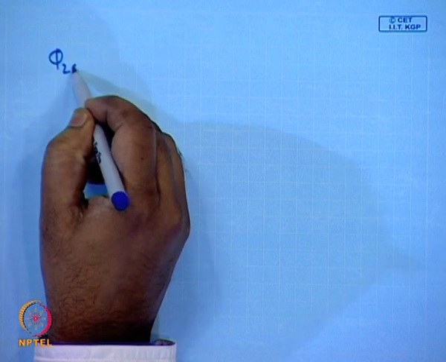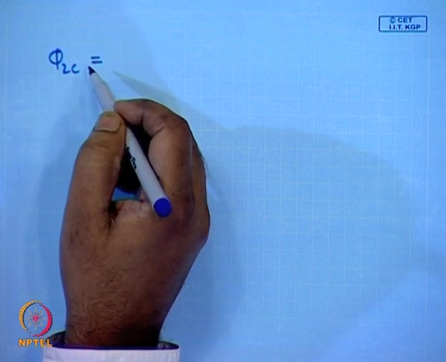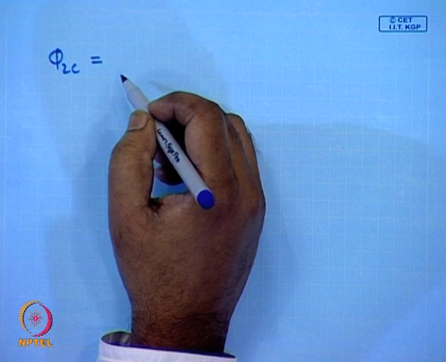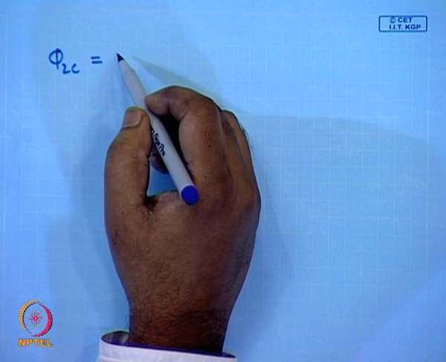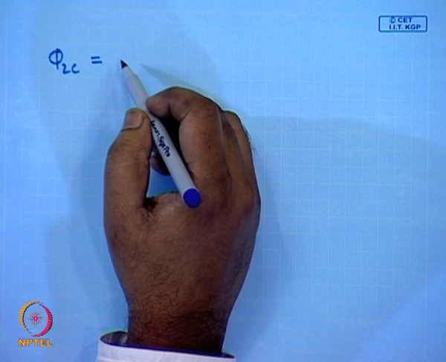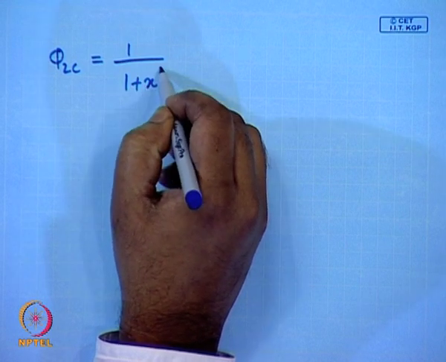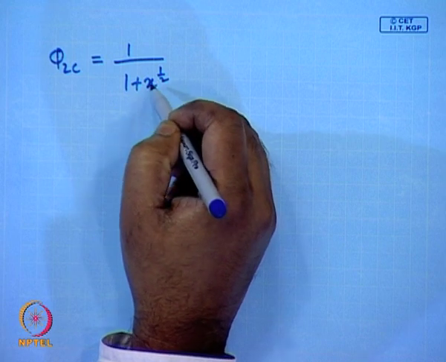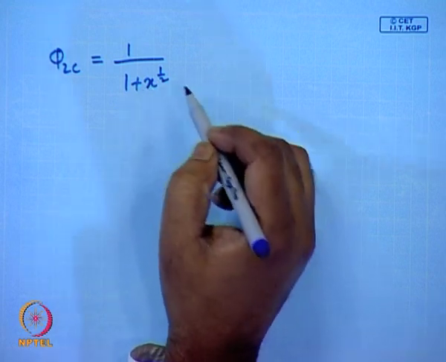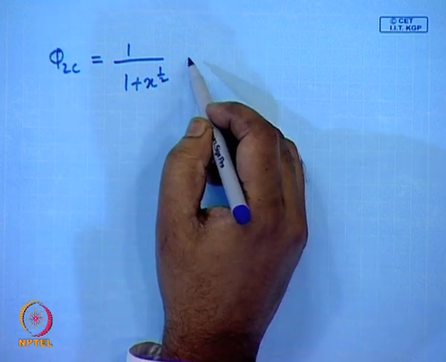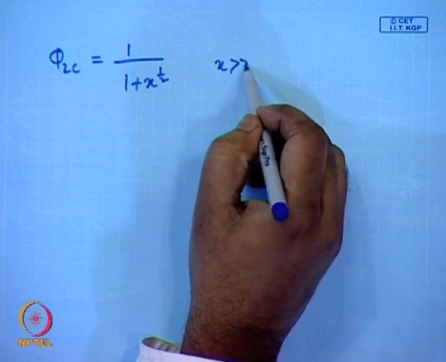So, let me write it again. The critical composition at which the polymer starts separating out from solution is given by 1 by 1 plus square root of x. x is the number of chain segments, which is always very high, x is always much greater than 1.